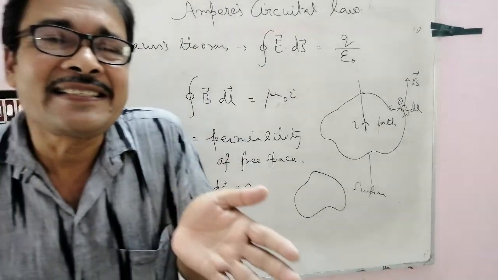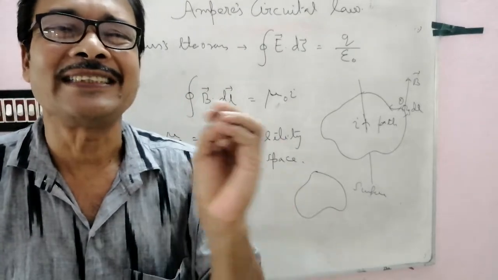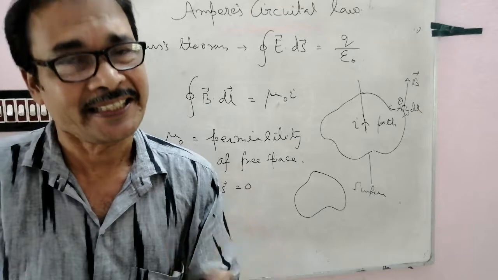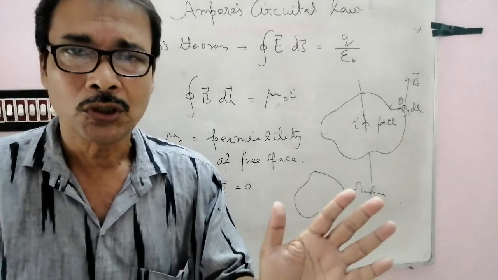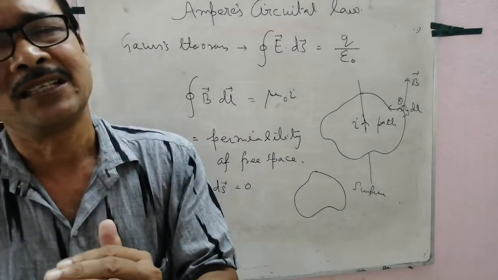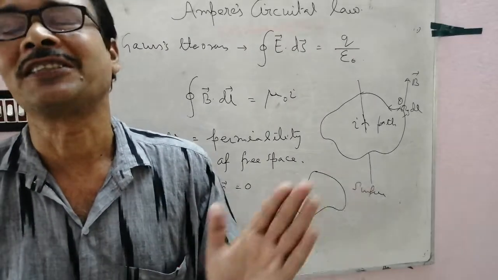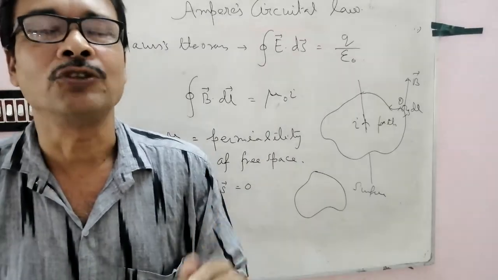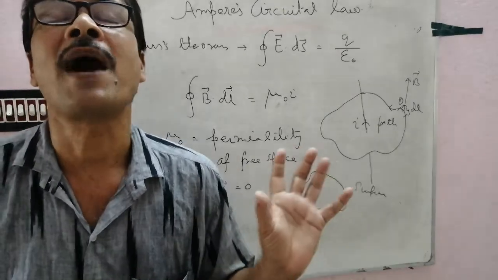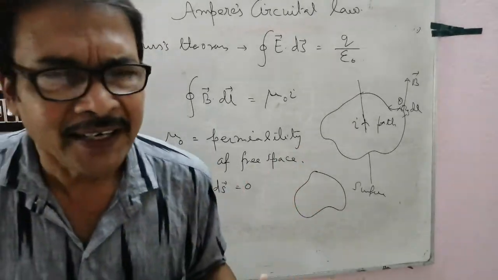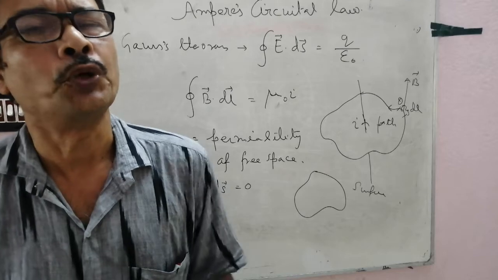There is the existence of positive charge and negative charge; we get isolated negative charge and isolated positive charge, but there is no existence of an isolated north pole or south pole. We can never separate the north pole and south pole of a magnet.